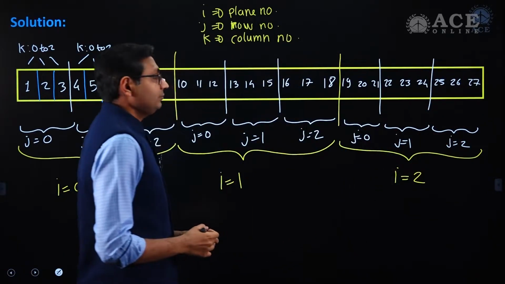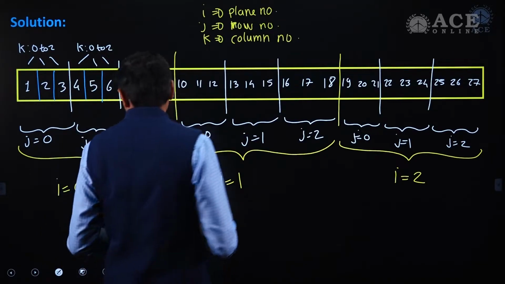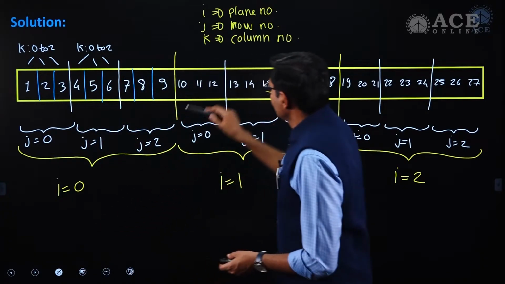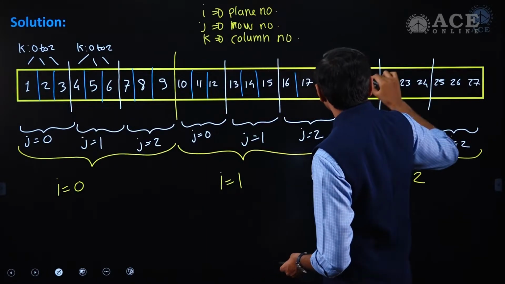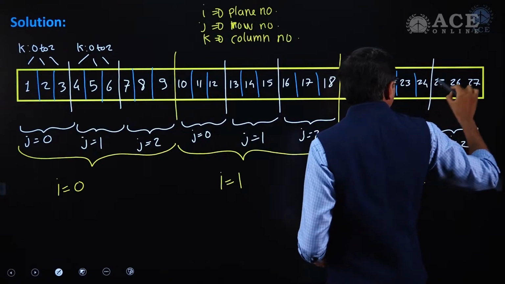Alright, all these are the numbers. Of course, there is a division in each array.